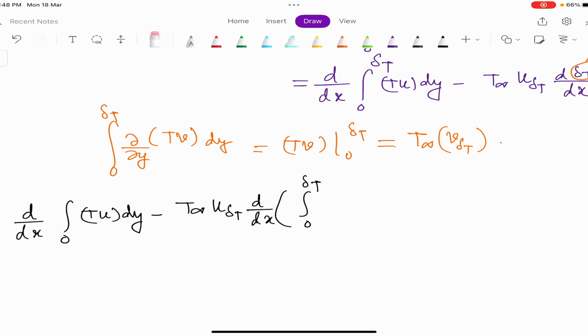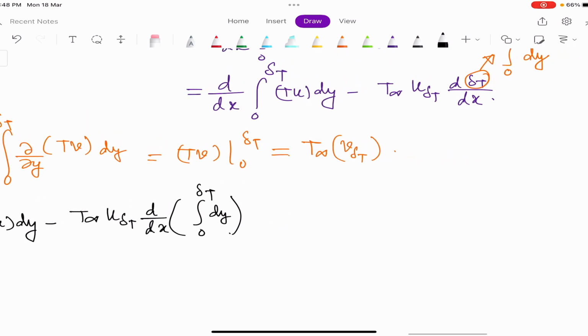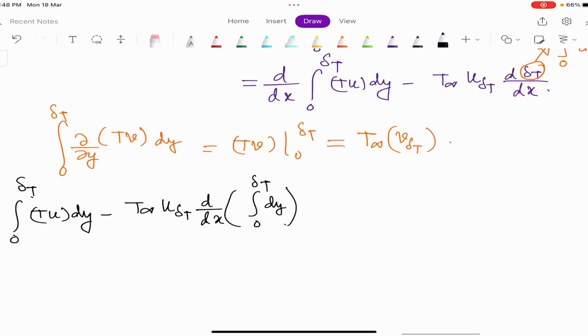So this is delta t, this will be dy. Then plus T infinity into v delta t is equal to minus alpha del T del y at y equal to 0. Why?